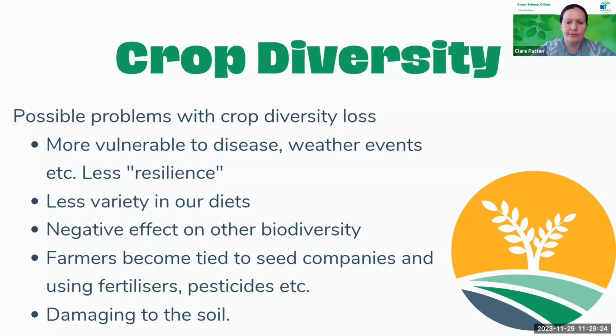It also means there's less variety in people's diets, so we're not eating as many different types of things. This might not be true in places like Ireland, but in other countries where only a small amount of particular types of food are being produced, they have less to choose from.